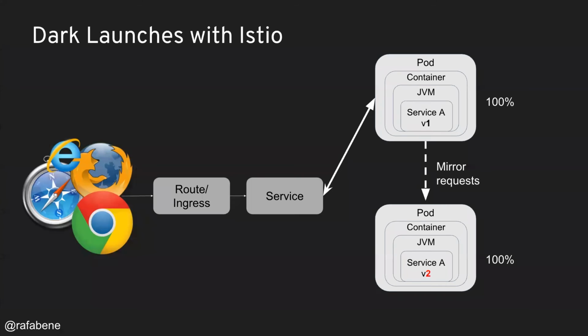You can, for example, try version 2 of the service, but only through mirroring the requests from version 1 to version 2. The users will always see version 1, but since version 2 is receiving the same requests, you can check the logs, you can check the metrics, you can check everything and see how V2 would perform if the user was receiving V2 requests.